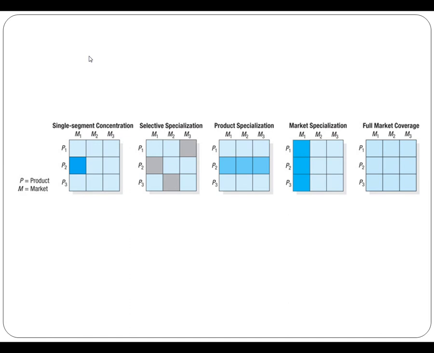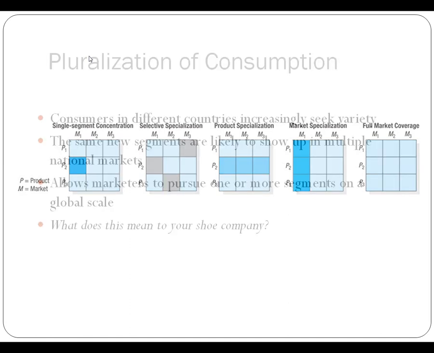Same thing with product specialization. You produce one product. What happens if there's some problems with that product or the market for that product just dries up? Then what do you got? Nothing. You've got to start over. With selective specialization and full market coverage, you've got some diversification going on. So if you have problems with one market or with one product, it's not going to impact as much the entire company. Okay?